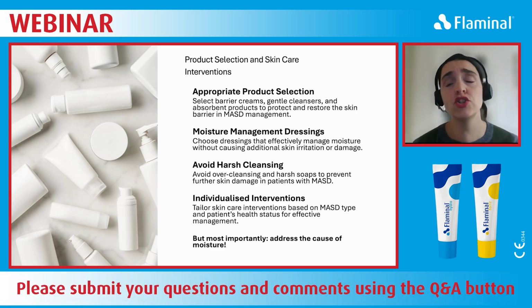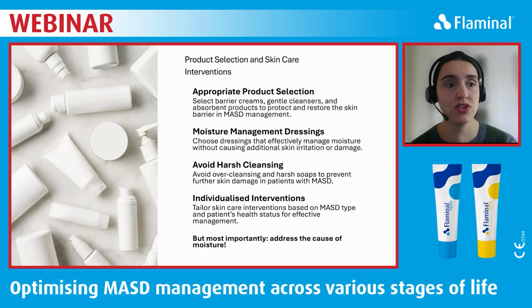So dressings should be chosen based on their ability to manage the moisture without causing further deterioration or further irritation. And over cleansing and the use of harsh soaps should be avoided to prevent additional skin damage.